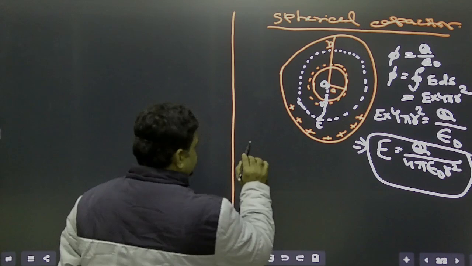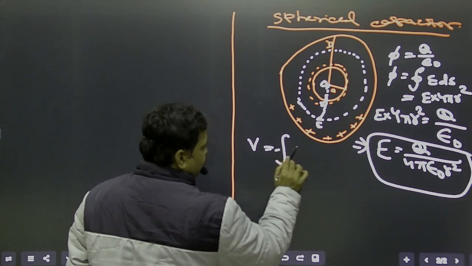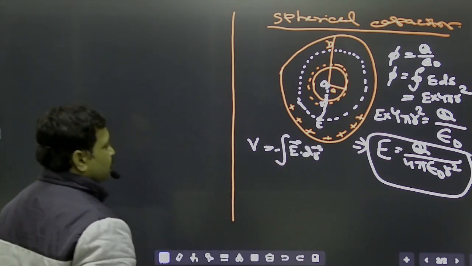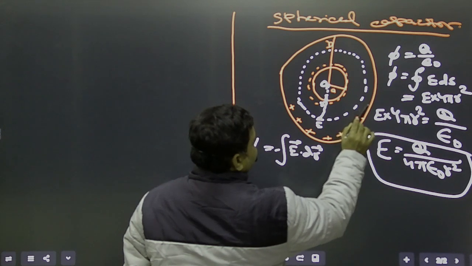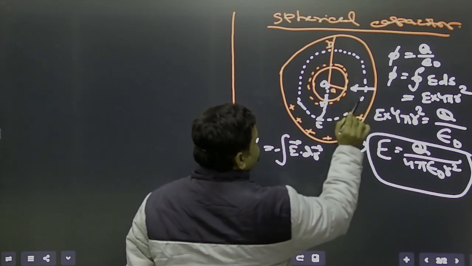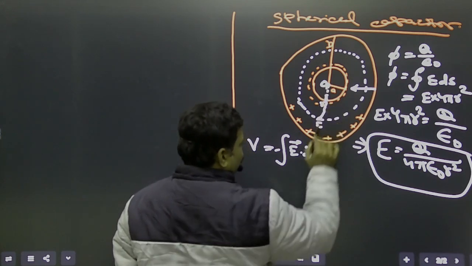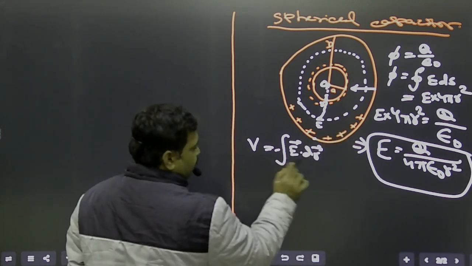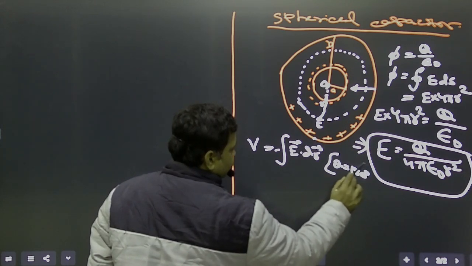So V will be equal to the line integral of negative E dot dr. The direction of the electric field is outward, and r is increasing from the inner to the outer surface, so the angle between E and dr will be 180 degrees.